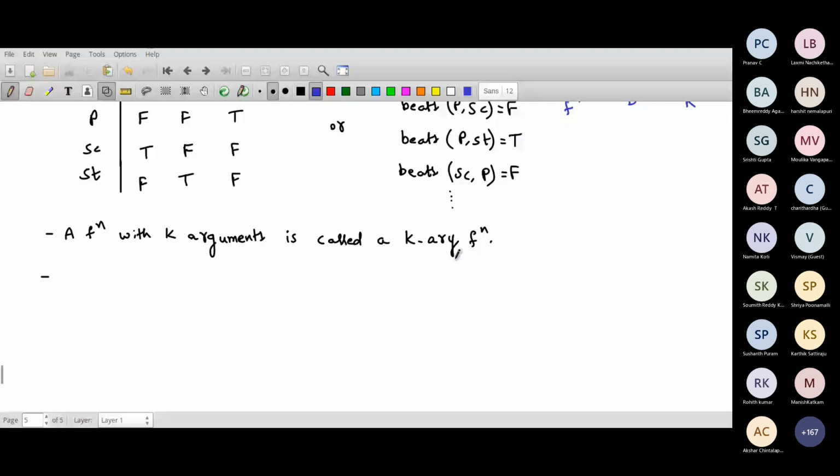A function with k arguments is called a k-ary function. The input is a k-tuple, a1, a2, and so on up to ak.